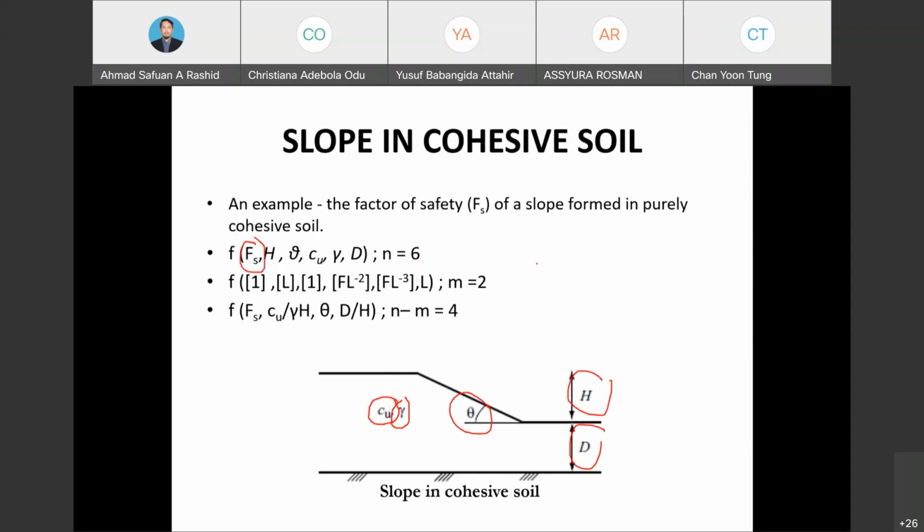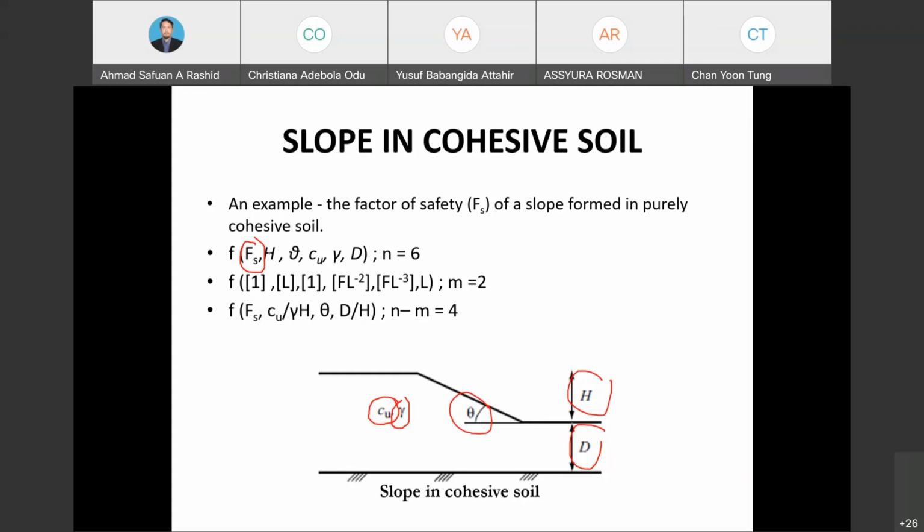So when we count the number of parameters, we have 6 in total. For each parameter, we need to derive the primary dimension. For example, Fs is the factor of safety and it doesn't have any units or primary dimension, so we consider it as 1.